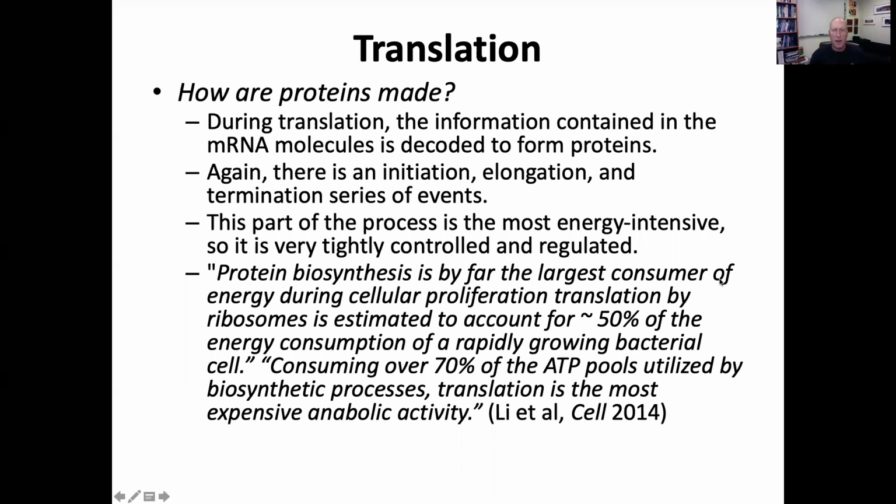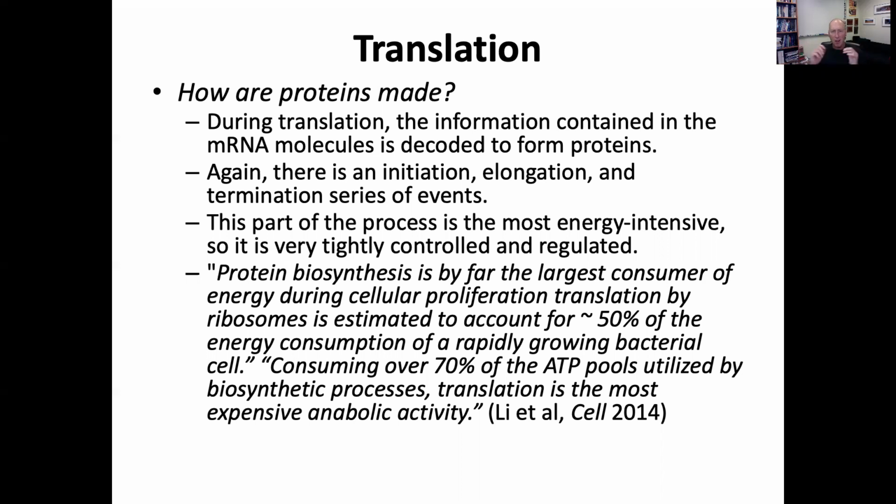So we just talked about transcription, which is the production of functional RNA molecules. And then translation is going to use those RNA molecules. It's going to use the messenger RNA as the template for actually synthesizing a polypeptide.